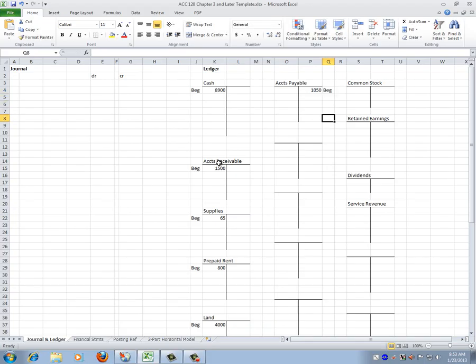Unearned revenue, also a liability, so right side called credit, its normal balance as its beginning. And salaries payable, that's a liability, so right side normal balance for it.